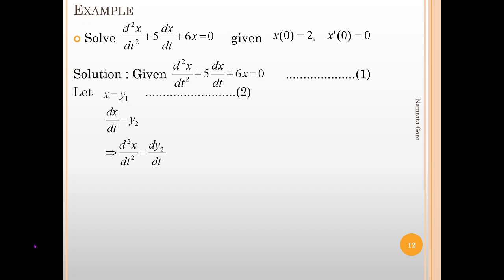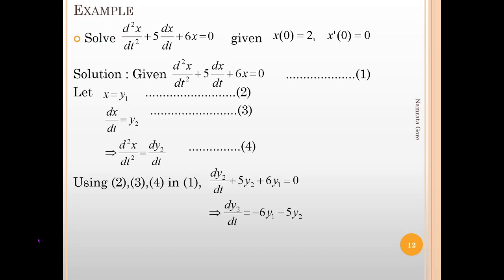We substitute x equal to y1, dx the first derivative as y2, then we write d square x by dt square as dy2 by dt, and using all these in equation 1, this will become dy2 by dt plus 5 times dx by dt, which is y2, plus 6 times y1.